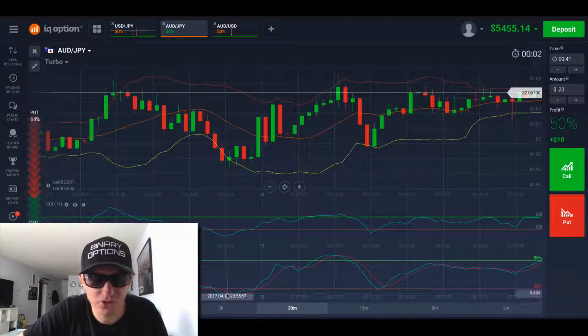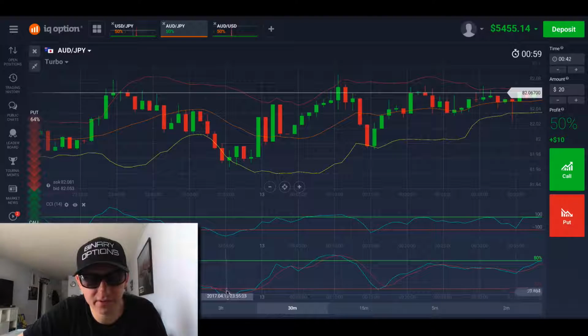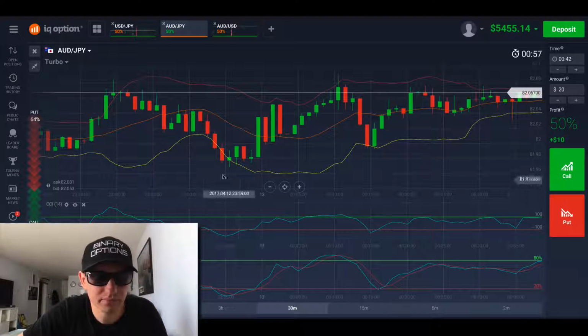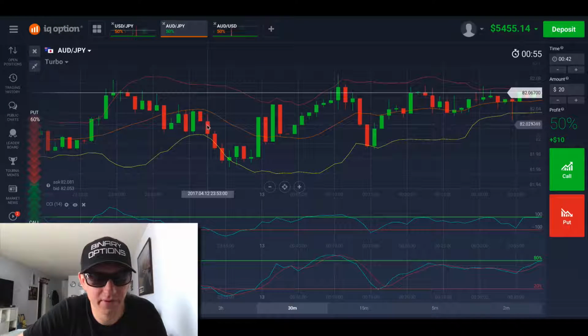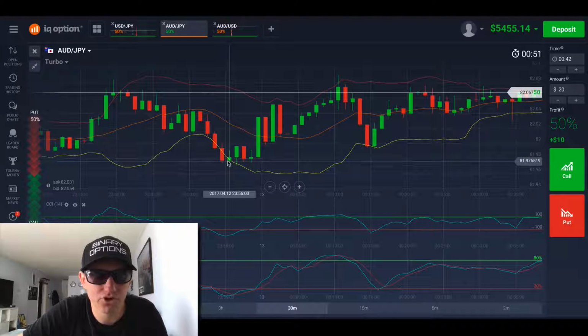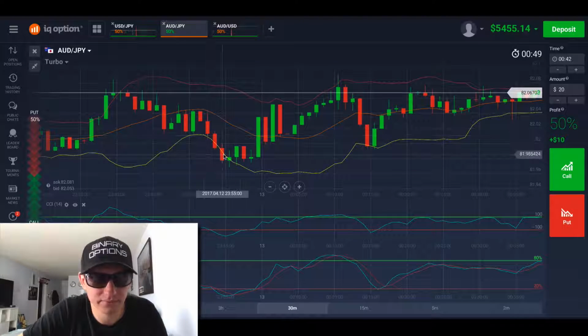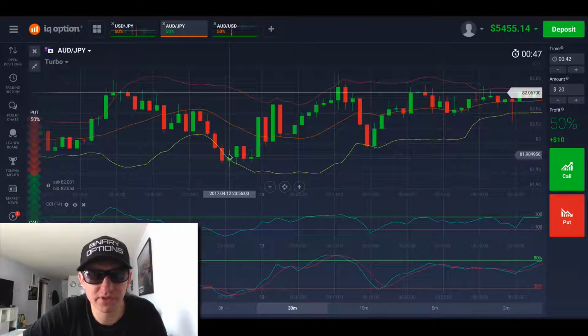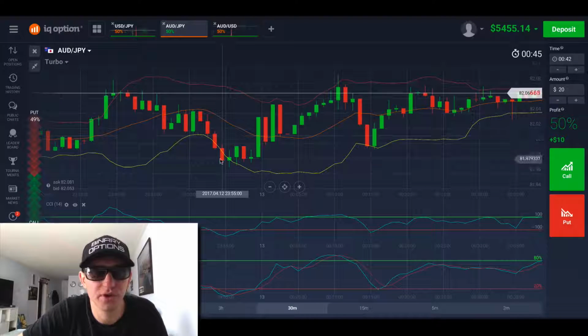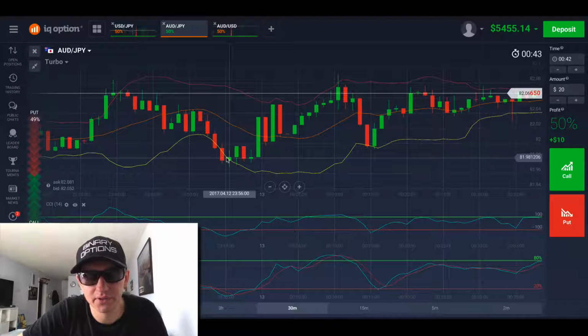The stochastic shows us the 20% level breach, and we have 1, 2, 3, 4 candles showing us the downwards movement.